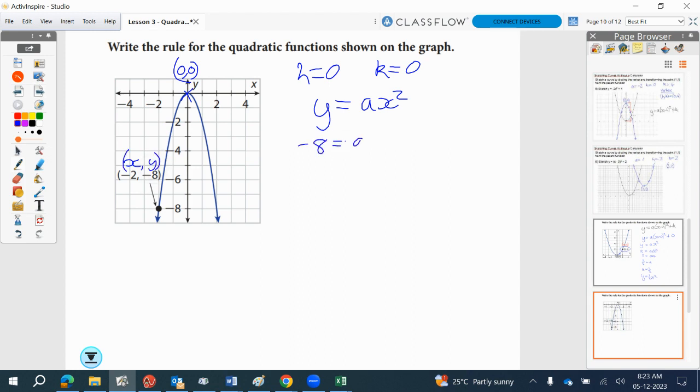Minus 8 equals a bracket minus 2 squared. What's minus 2 squared? 4. What's the value of a going to be? Solve this equation.